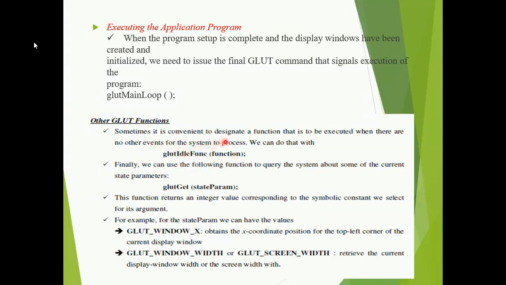Sometimes it is convenient to designate a function that has to be executed when there are no other events for the system to process. So suppose your system is idle and does not do any process, then you have to give some work for it. So then you will call the glutIdleFunc function. Inside the bracket we have written function only.